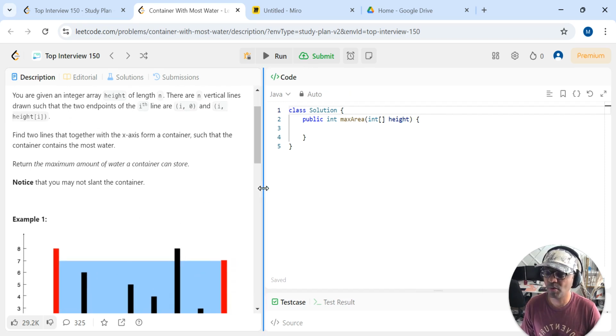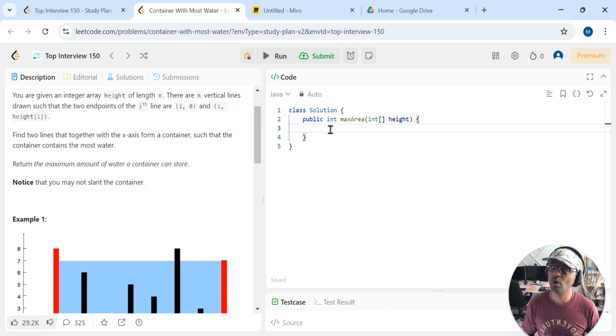In such problems, there are two thoughts that I immediately had. One is that we did a problem which sounded similar to this one, called, I think, Trapping Rain Water. But I think this is very different in a fundamental way.